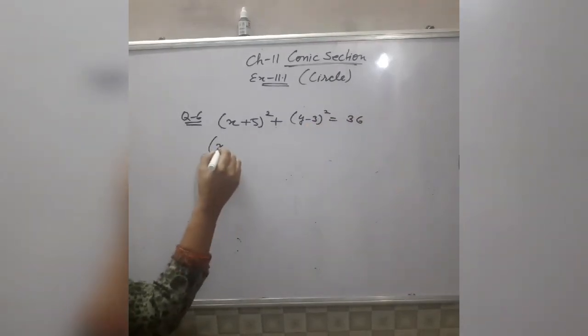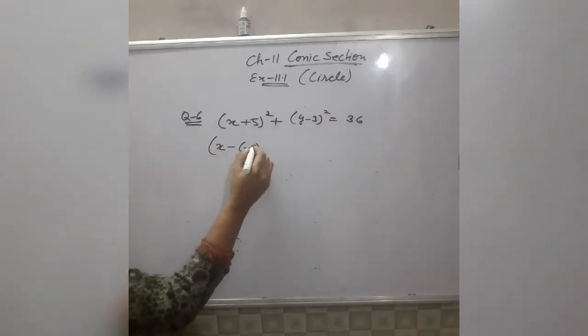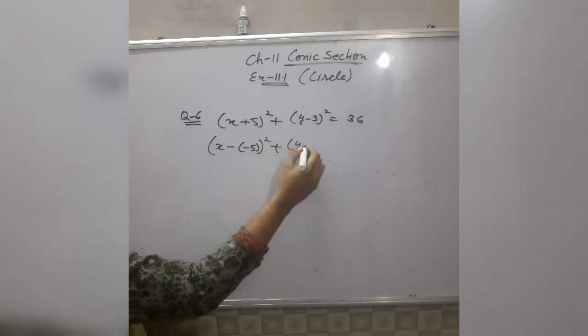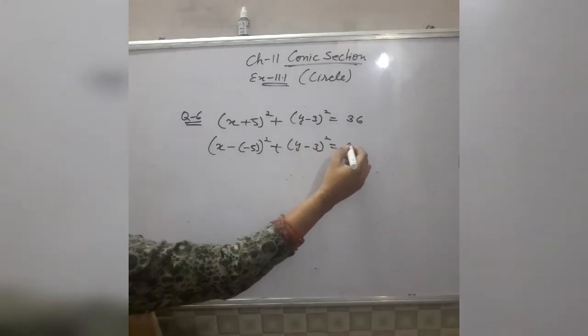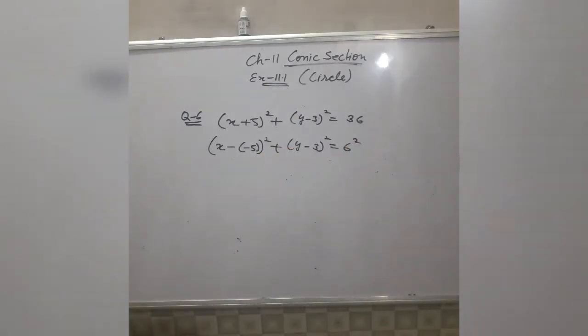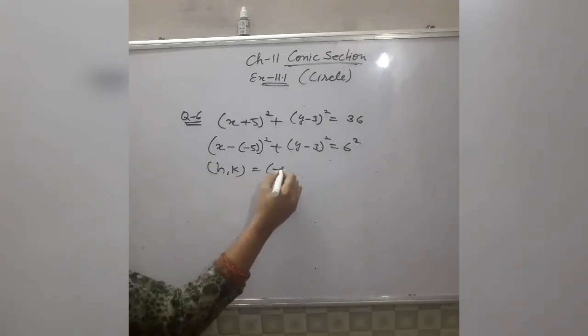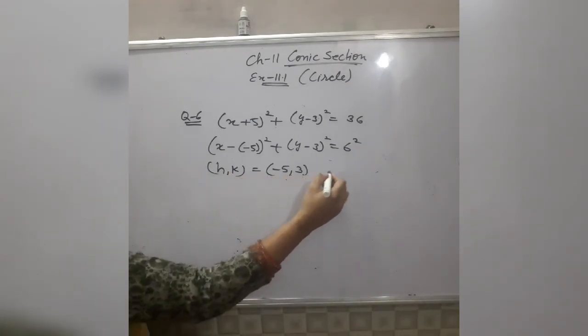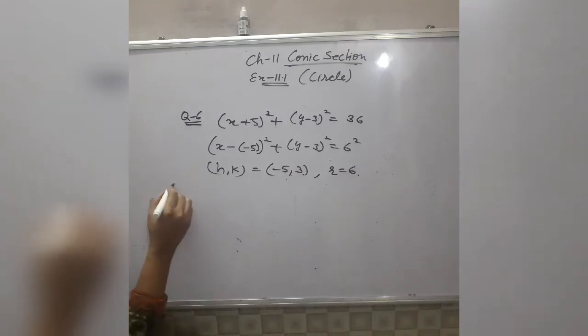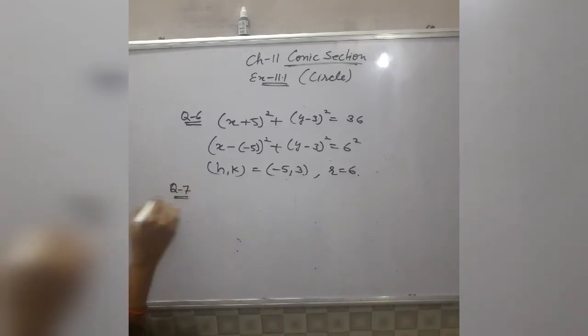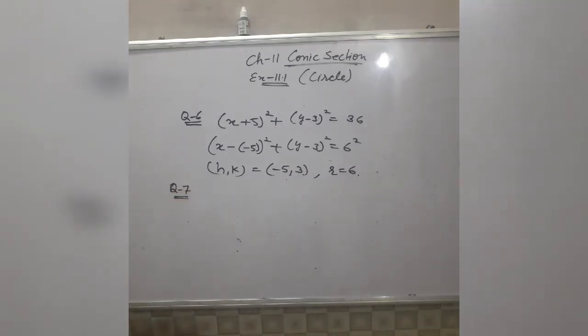This x plus 5 can be written as x minus minus 5 whole square, and y minus 3 whole square. 36 can be written as 6 square. So what is the value of h comma k? This is equal to minus 5 comma 3, and the radius of the circle is 6. So in this way you can find out the radius and center coordinates.